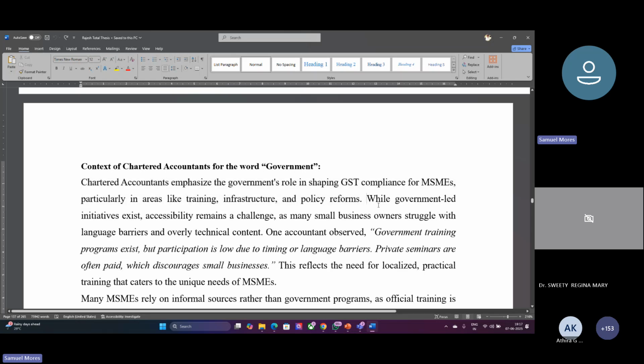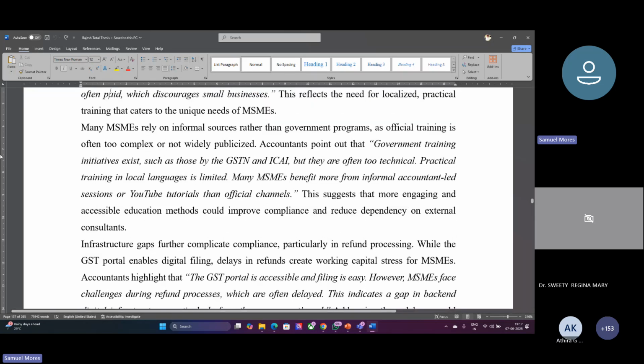While government-led initiatives exist, accessibility remains a challenge as small business owners struggle with language barriers and overly technical content. One accountant observed, and this is a direct quote: Government training programs exist, but participation is low due to timing or language barriers. Private seminars are often paid, which discourages small business. This is a direct statement, but it is not published anywhere, so I don't have any problem. I'll use direct statements.